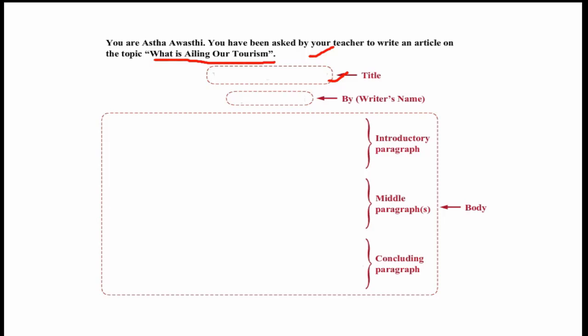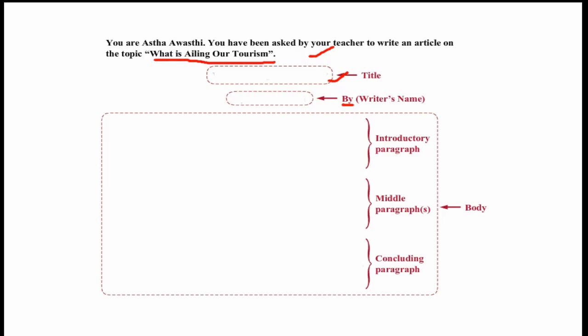You have to write your name, not just the initials. You write your full name. And "by", if you want to write, you write it. If you don't want to write, avoid it. It's up to you. Then the same pattern of essay you have to implement here. That means you have to introduce the title.